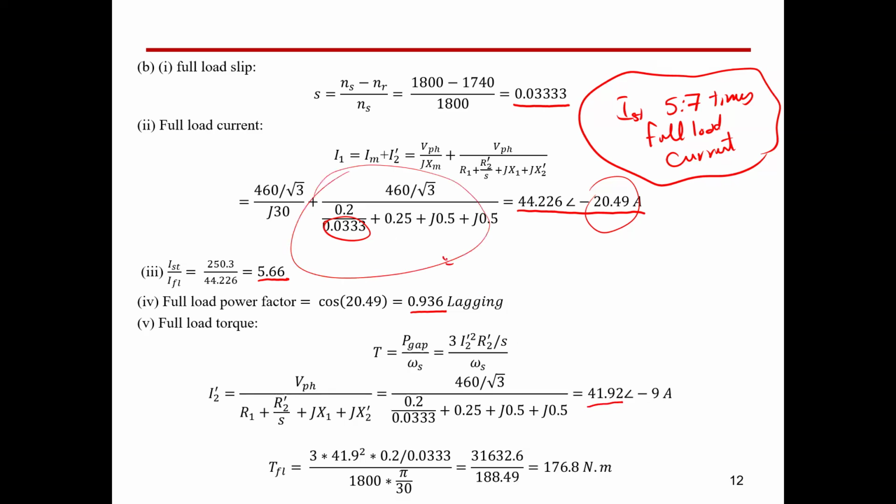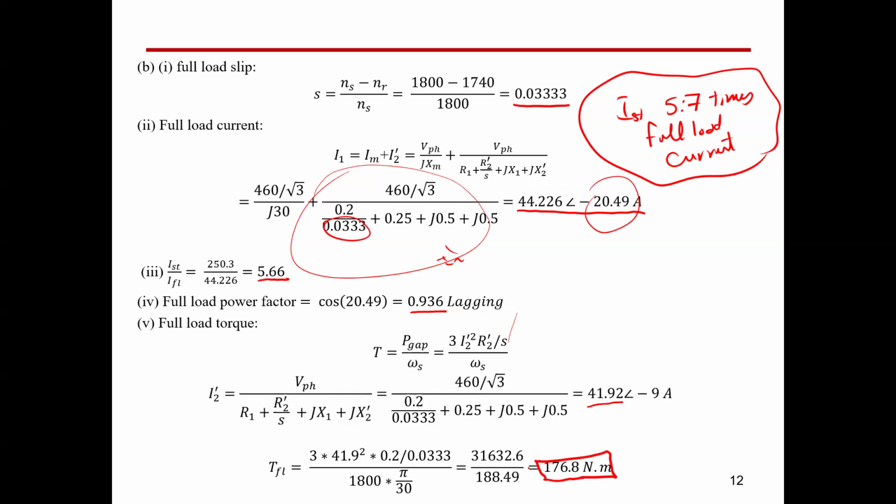This is I2 prime. So calculate I2 prime and use it in the equation: 3 I2 prime squared times R2 prime divided by S, and don't forget S equals 0.0333, divided by omega S, which was calculated before. So we end up with the full load torque being 176.8.